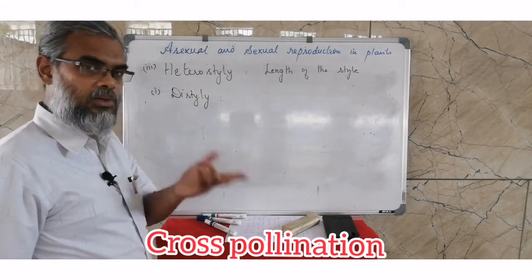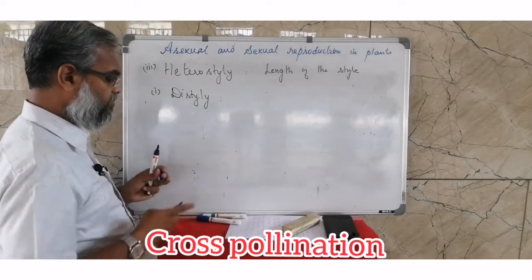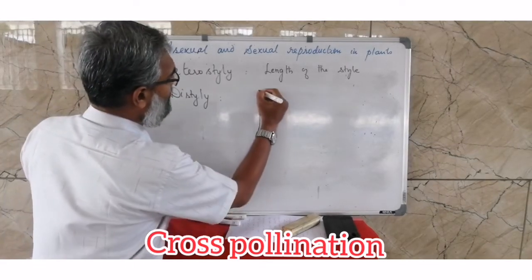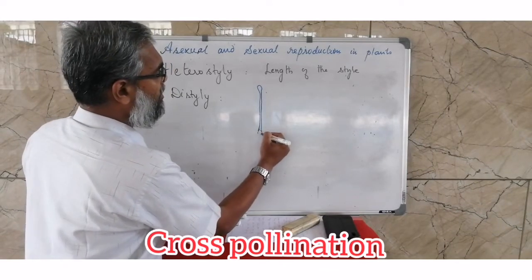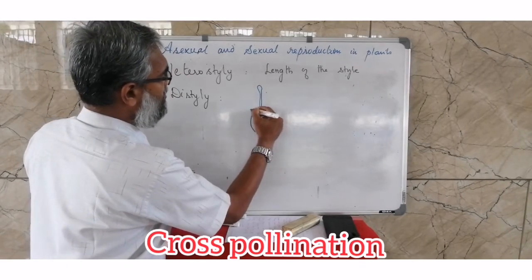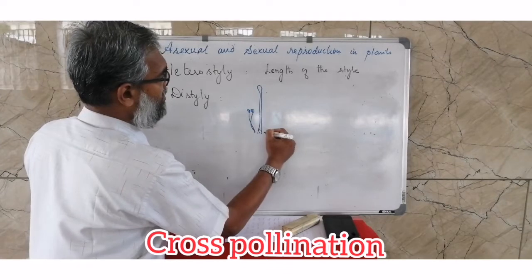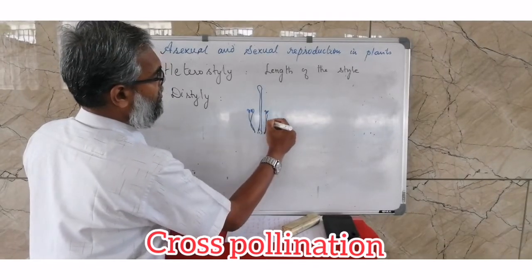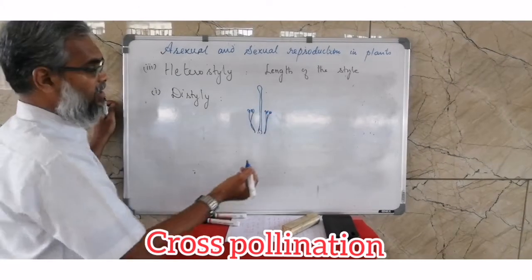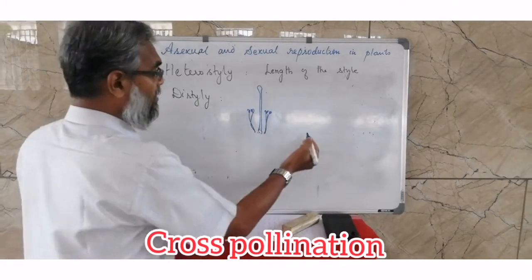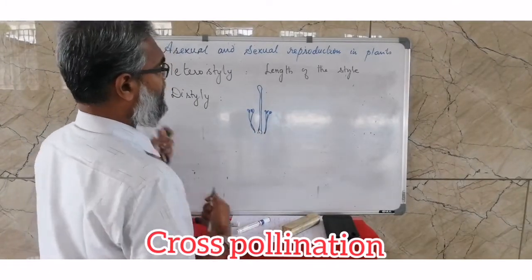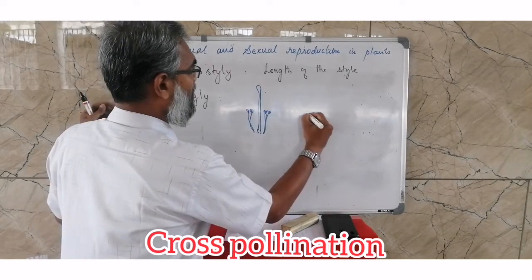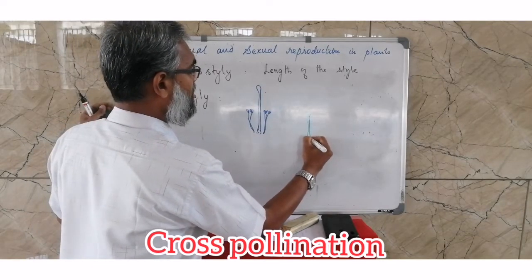Distyly. Here, two types. You imagine. In one flower, this is the stigma, style, ovary, and at the same time the anthers are present here. This is one type. And in another flower, this is the ovule and this is the style.